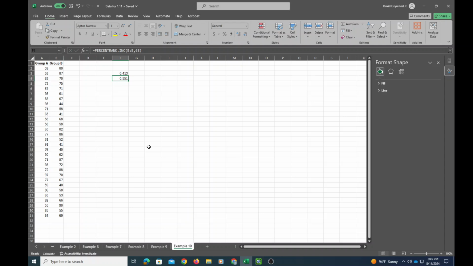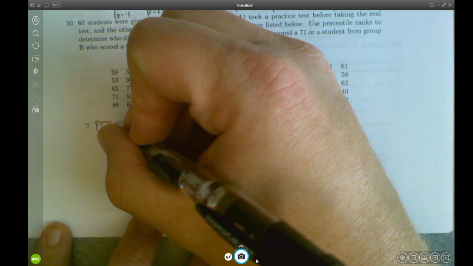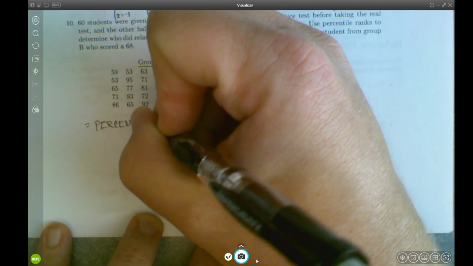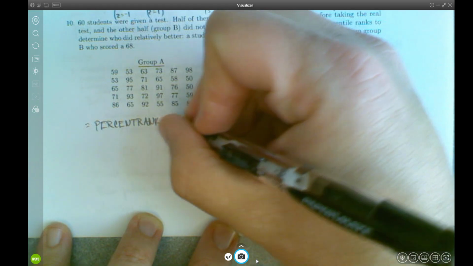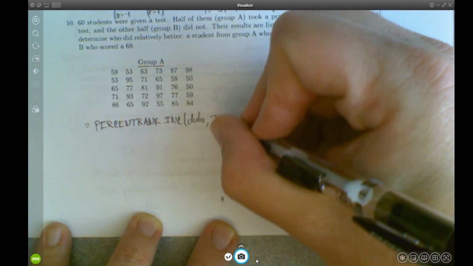Okay, so let's show our work and write down our answers. For group A, we said equals PERCENTRANK.INC. We selected the data, and then we entered a score of 71.